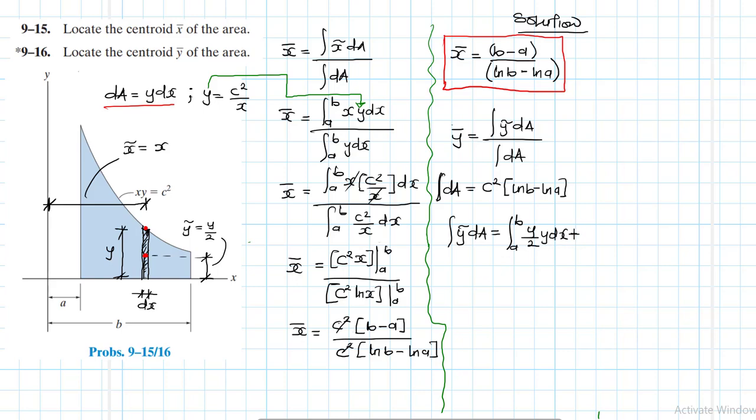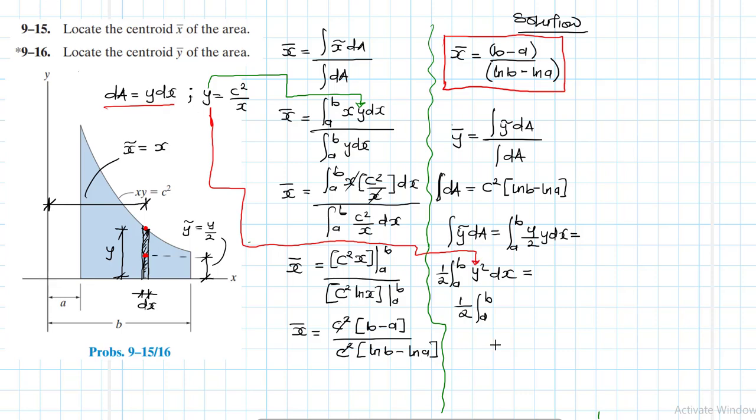And this is equal to the integral from a to b of y squared, and we can factor out the 2 outside, divided by 2, dx, which is eventually equal to 1 over 2 integral from a to b. We can replace this y. You've seen this y; we replace it here.